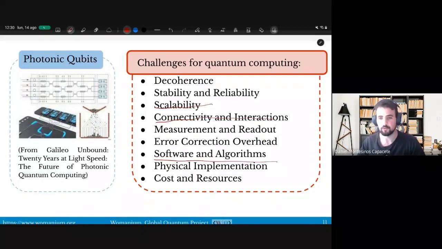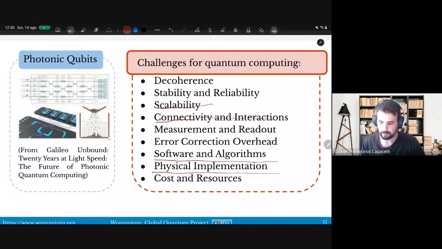In order to improve on the classical algorithms, we need to find new ways to use these quantum properties. The physical implementation is difficult, as I have already said.